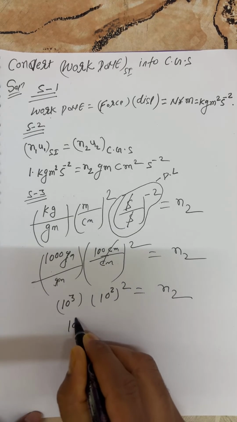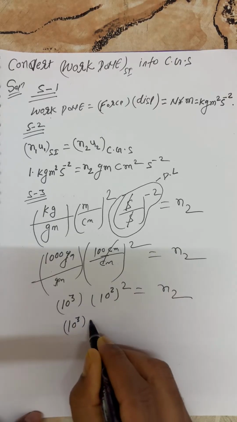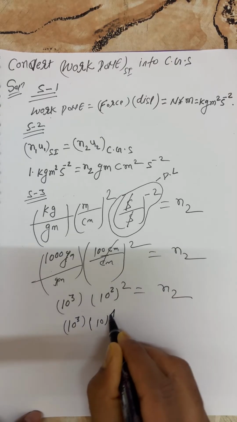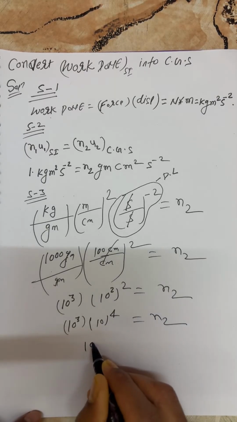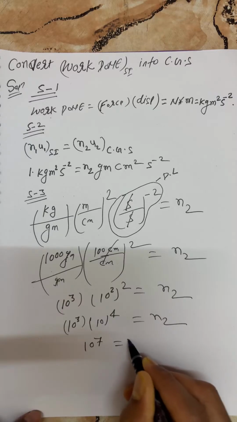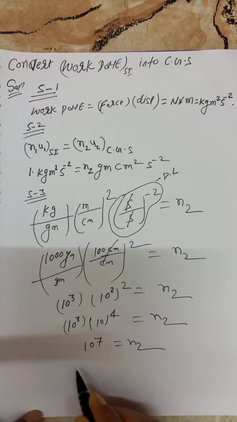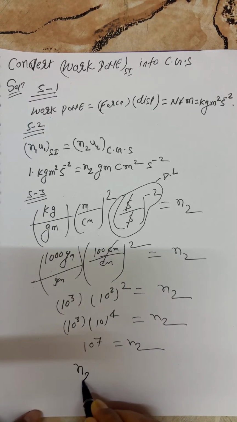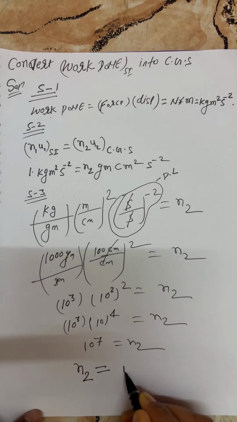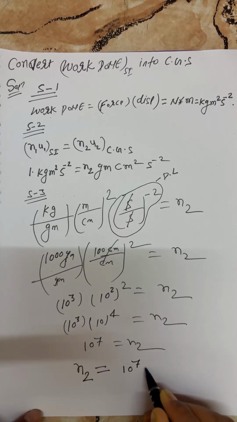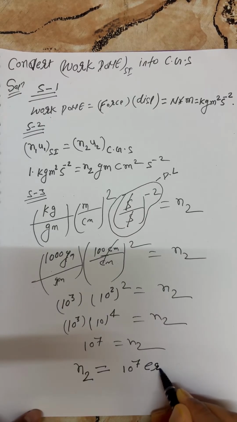You can say 10 to the power 3 into 10 to the power 4, which is equal to n2. So 10 to the power 7 is equal to n2. But we know the CGS unit of work done, so you can write 10 to the power 7 erg.